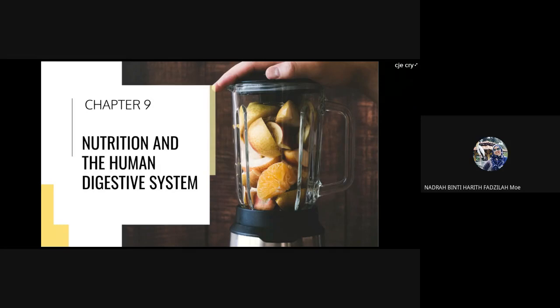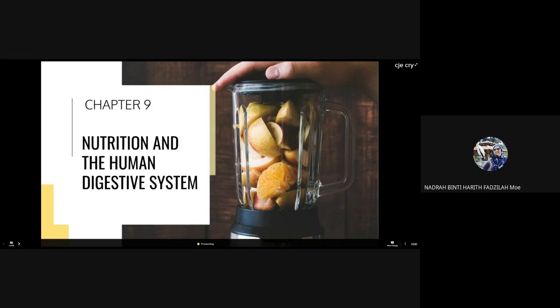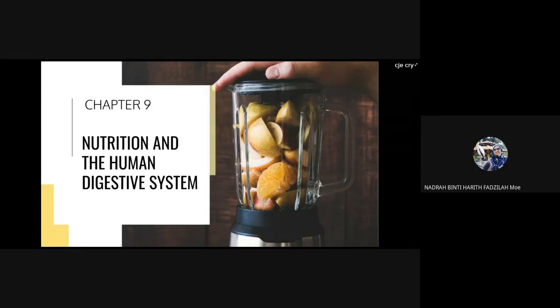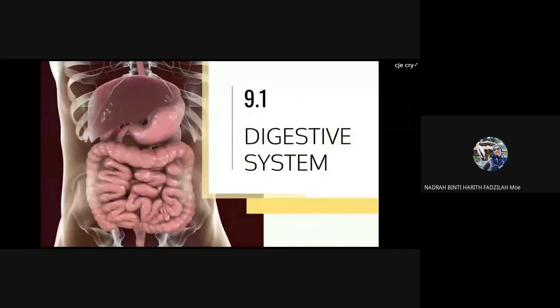Alright. So, sekejap ya. Let's take a look at the first part, topic 9.1, which is digestive system. Sekejap ya. Not this one. Oh yes, this one.